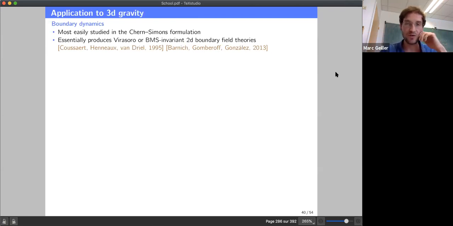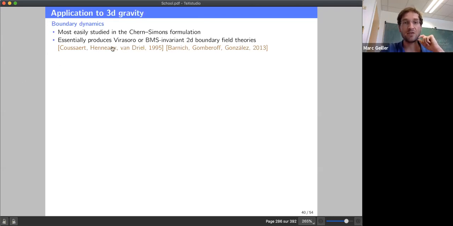But essentially, what we should keep in mind, if you're interested, you can look at this literature. This procedure of extracting the boundary dynamics of three-dimensional gravity is a way of producing lower dimensional boundary field theories, namely two-dimensional boundary field theories, which have a symmetry which reflects the symmetry that we discovered by looking at the charge algebra of three-dimensional gravity.